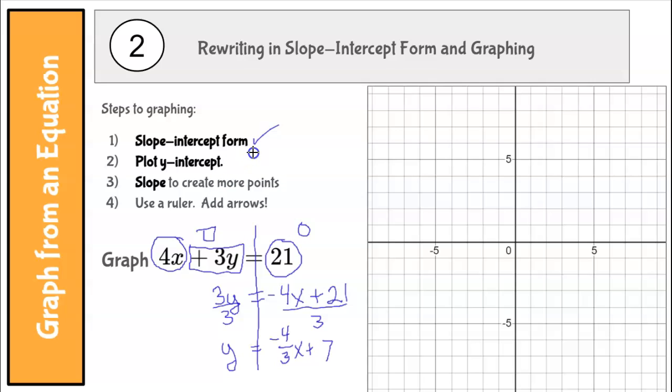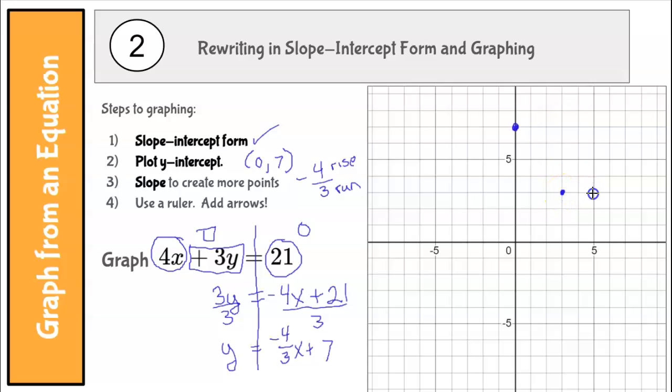I'm going to plot the y-intercept, which is (0, 7). And then I'm going to use the slope to create more points, which is negative 4 over 3, remembering that this is my run and this is my rise, except it's a sink because it's negative. So I'm going to run to the right 3, and then I'm going to sink 4 down.